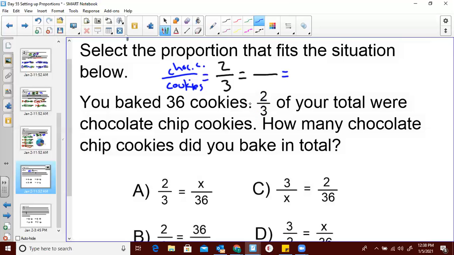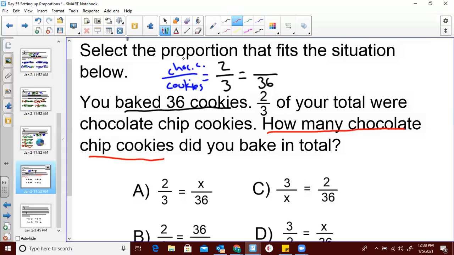All right, so now we have to look for our chocolate chip and our total cookies. Well, we know that you baked 36 cookies. So I baked the total amount of 36 cookies. All right, so that's gonna be my total. But I wanna know how many chocolate chip cookies did I bake?